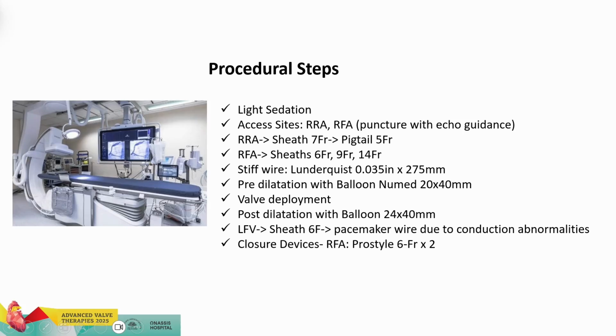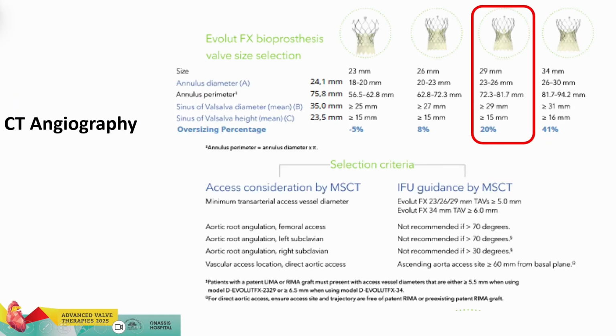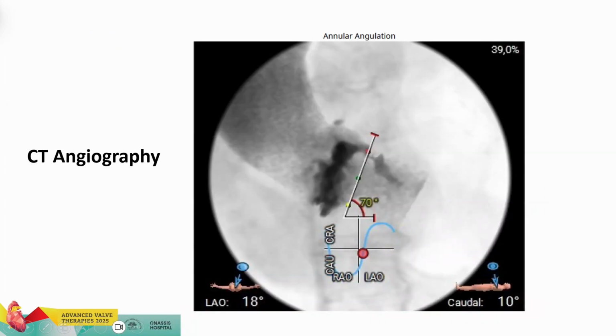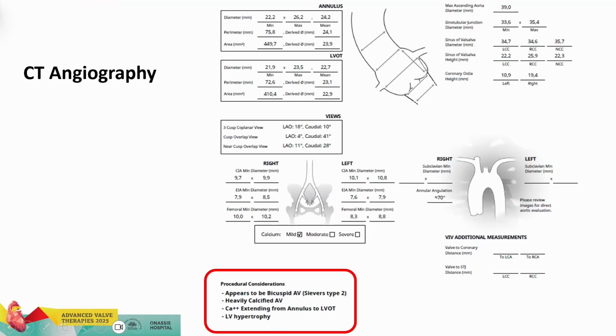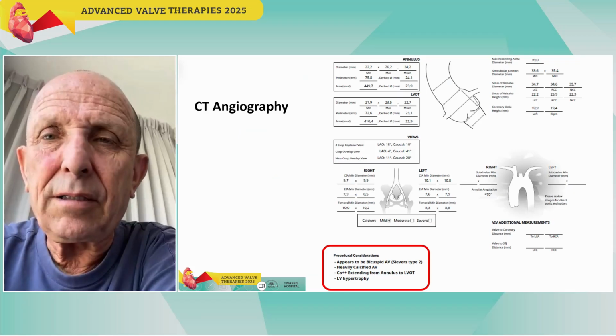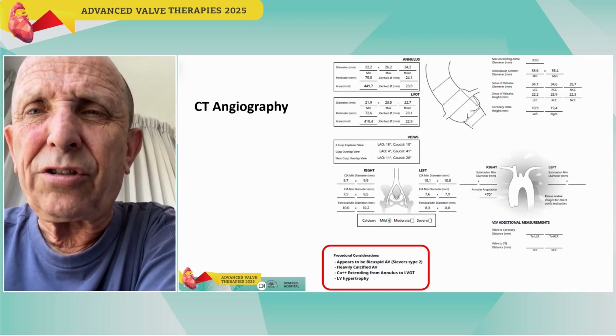Go to the CT measurements. You come later to this slide, but before, show us the CT measurements, please. One or two slides before. Before this. Stay here. I don't see it.